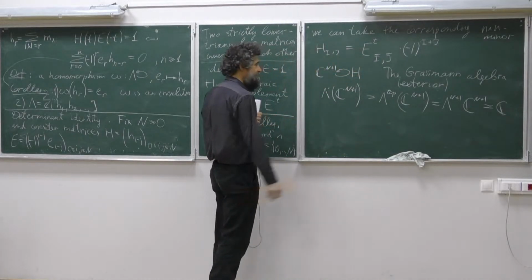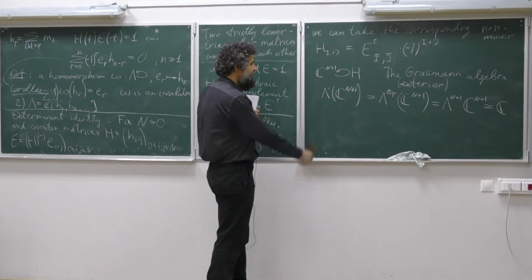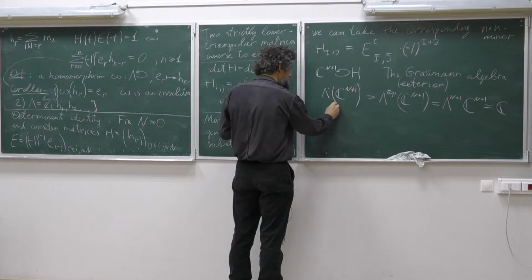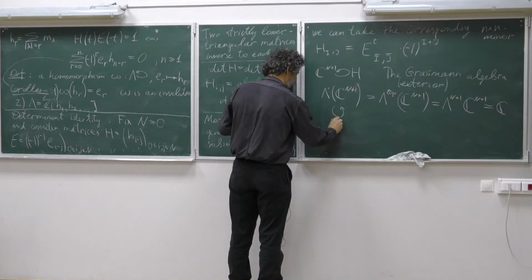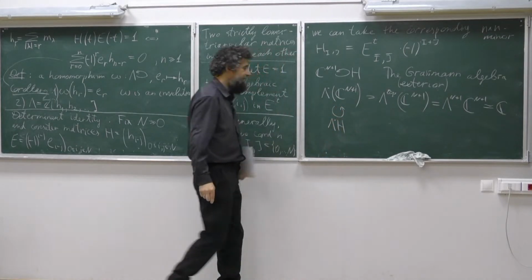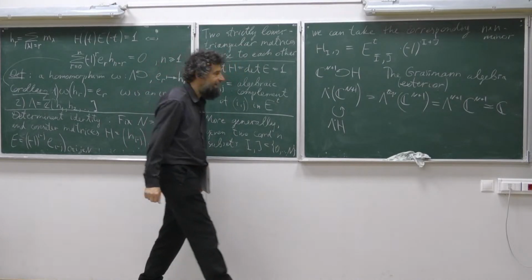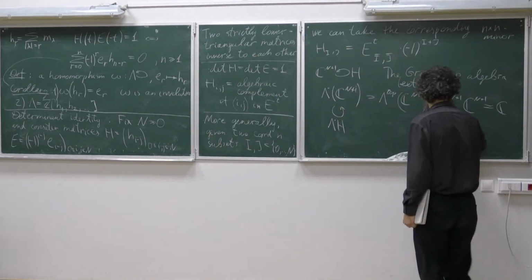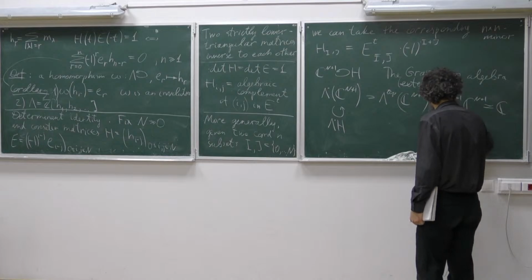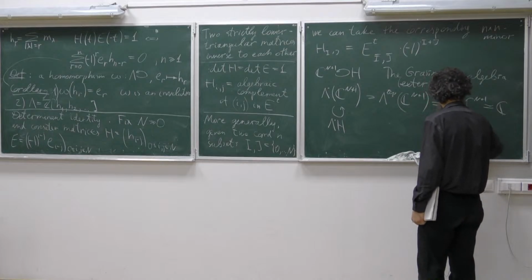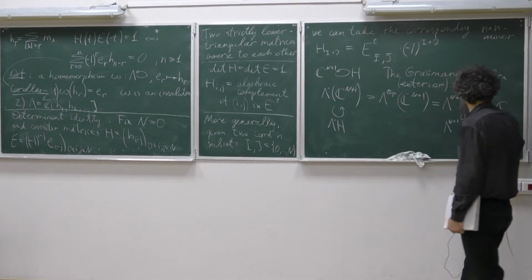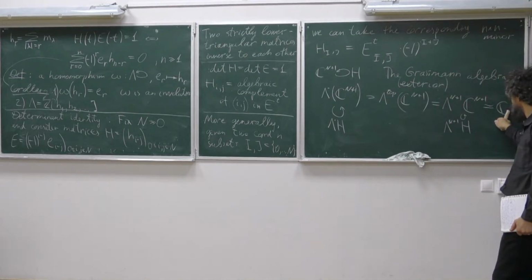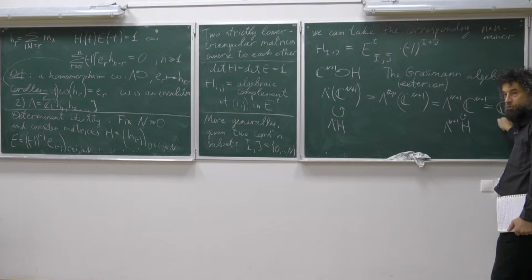There's just a one-dimensional space. And this is a functorial construction. So in particular, there is an exterior operator lambda h acting here, and there is an operator, the n plus 1 exterior power of h, acting here. But since it is just a one-dimensional space, this action is just multiplication by a constant.